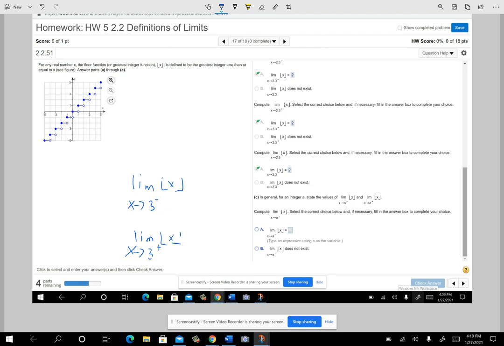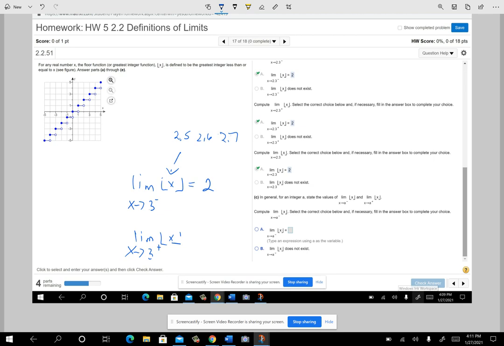Earlier, as you approach 3 from the left, you get 2. As you approach the number 3 from the left, so you're not quite 3, you're like 2.5, 2.6, 2.7, each time the answer is going to be the greatest integer that's less than or equal to that number.